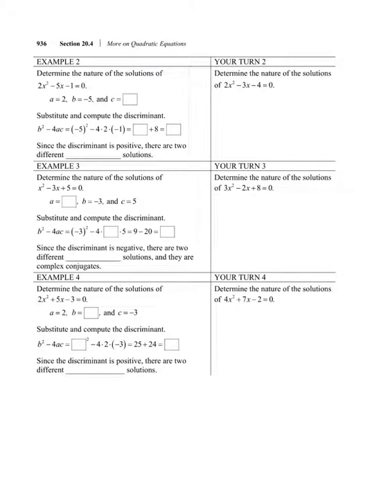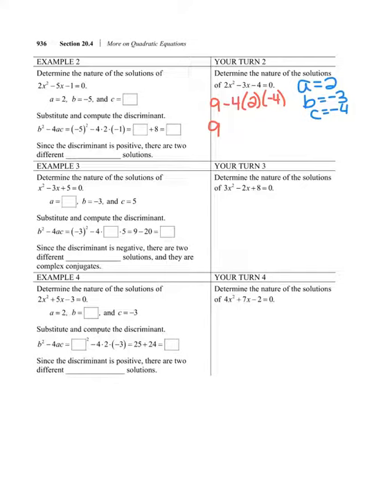Example 2, determine the nature of the solutions of 2x squared minus 3x minus 4. So a is 2, b is negative 3, c is negative 4. So b squared is 9 minus 4 times a times c.